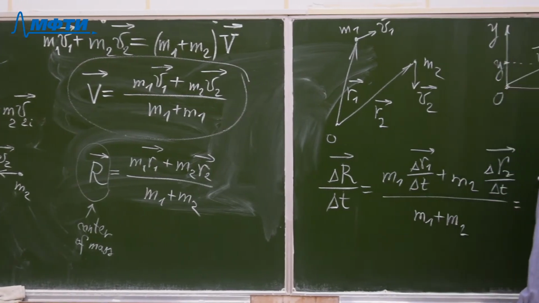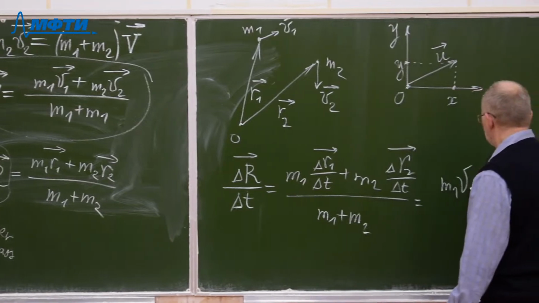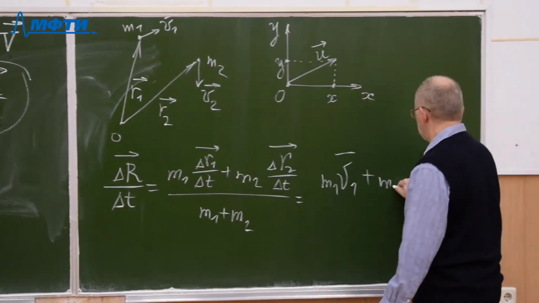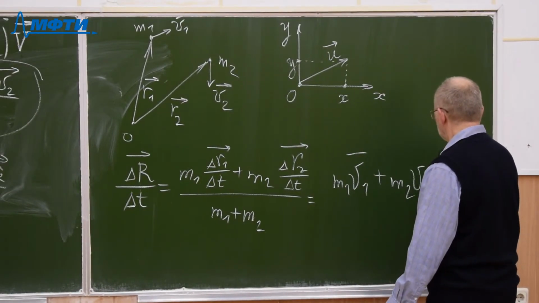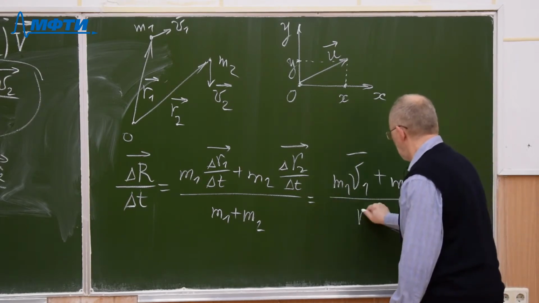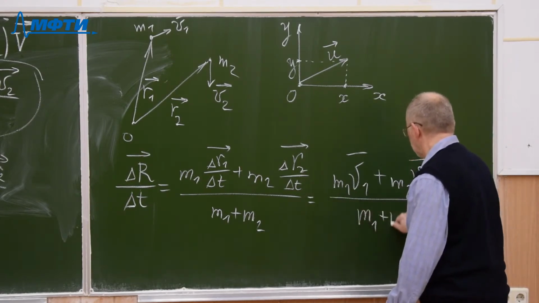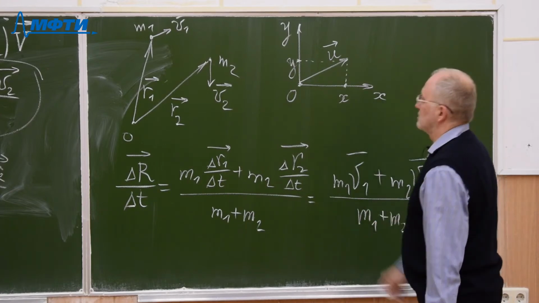That is, m1 velocity 1 plus m2 velocity 2 over the total mass of the system of particles.